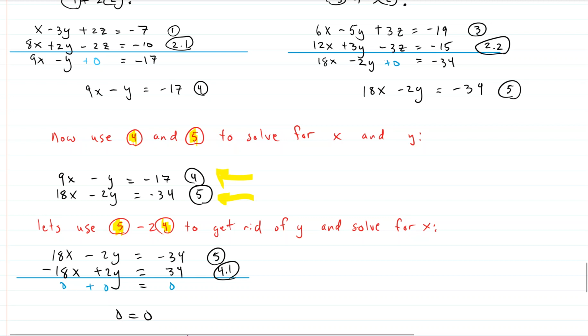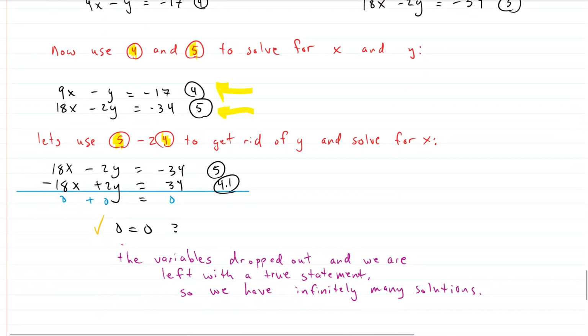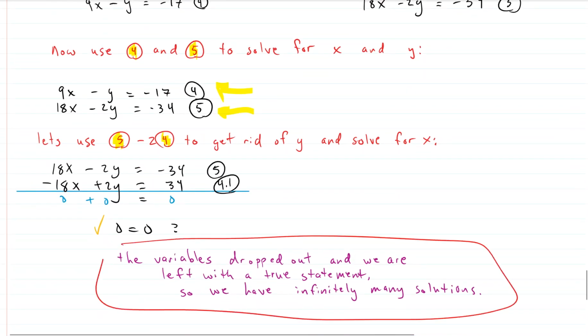Does 0 equal 0? Well, it does. Actually, 0 does equal 0. So that leaves us with a true statement. The variables dropped out, and we were left with a mathematically true statement. So that means we have infinite solutions.